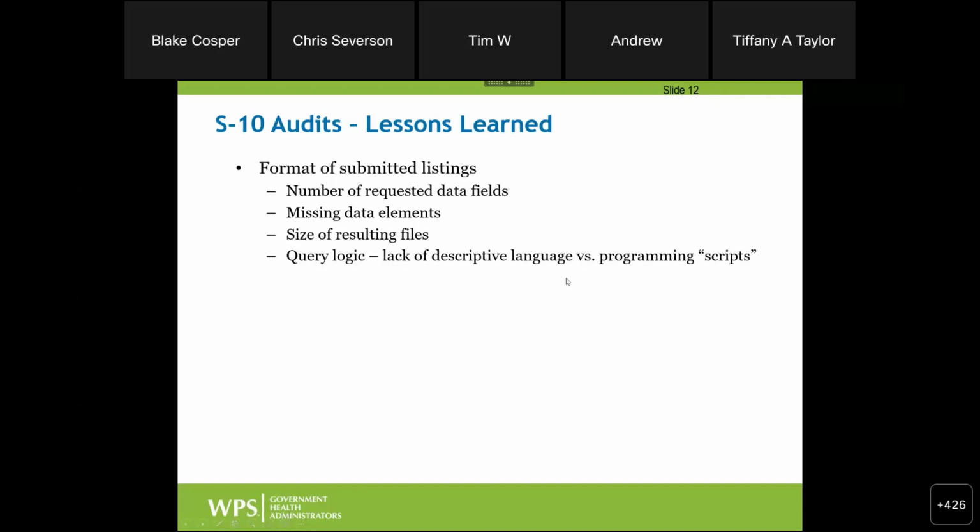We're looking more for a narrative explanation of how you searched your systems and how you made sure to exclude professional fees, how you made sure to include only write-offs during this period, things like that. So we've tried to clarify what we meant by query logic, and we even have a query logic checklist that we've had for a number of years that walks you through what we're looking for. And we'll talk about that a little bit in the presentation as well.